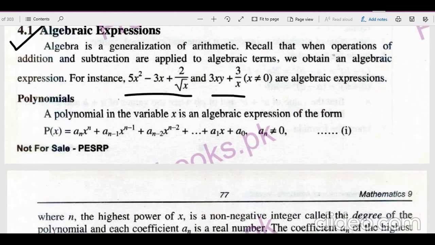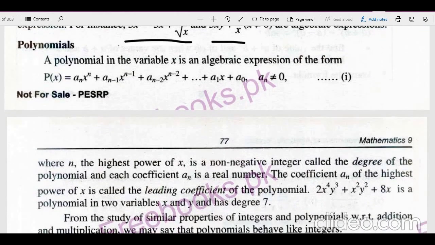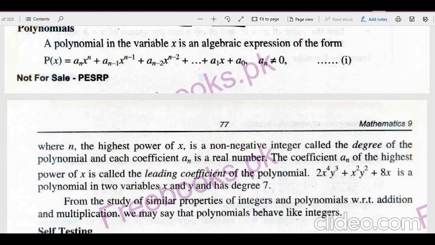In your textbook, the definition of a polynomial is: a polynomial in the variable x is an algebraic expression of the form shown. This is the general form of a polynomial, and this is the nth term. The variable used in this polynomial is x, where n, the highest power of x, is a non-negative integer, meaning the power of x must be 0 or a positive integer, and is called the degree of the polynomial.